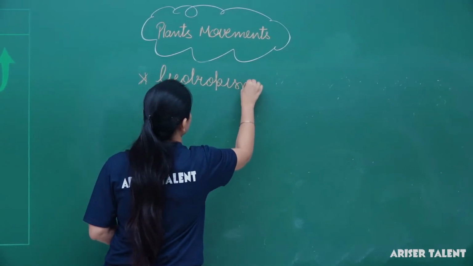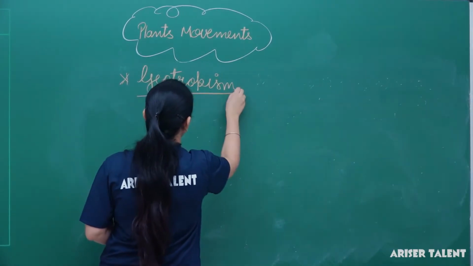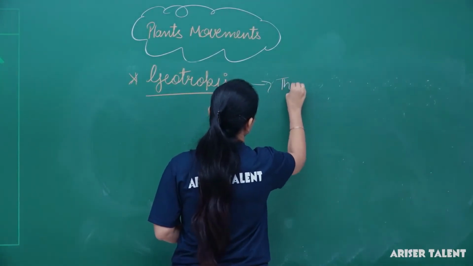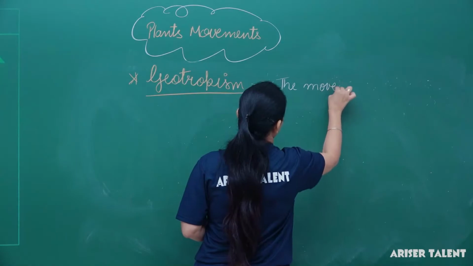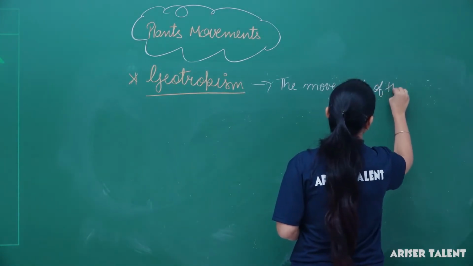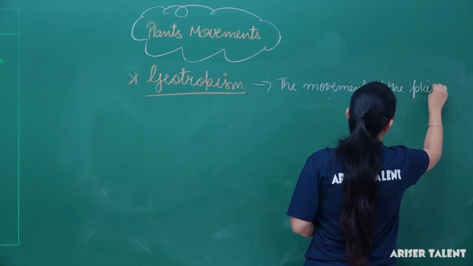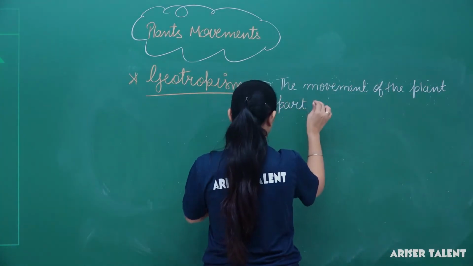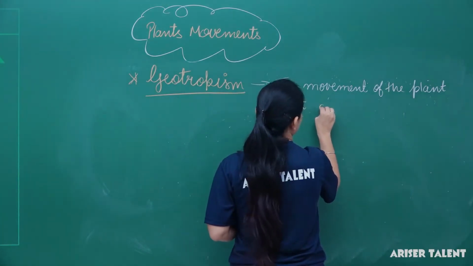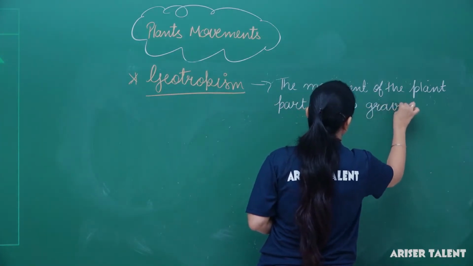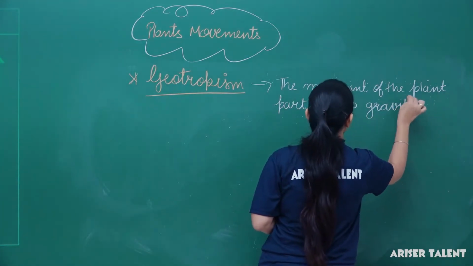What is geotropism? The movement of the plant part due to gravity.